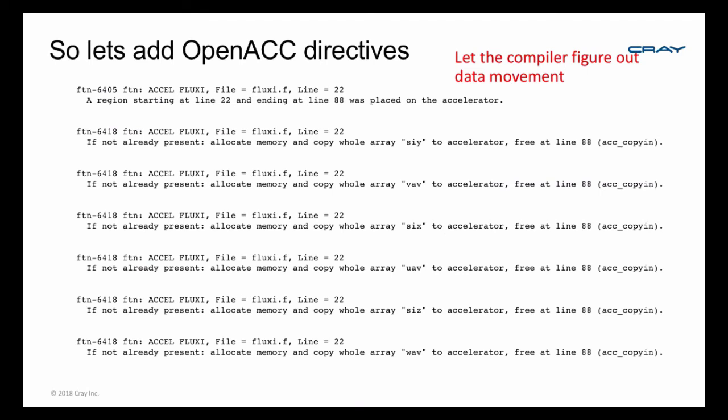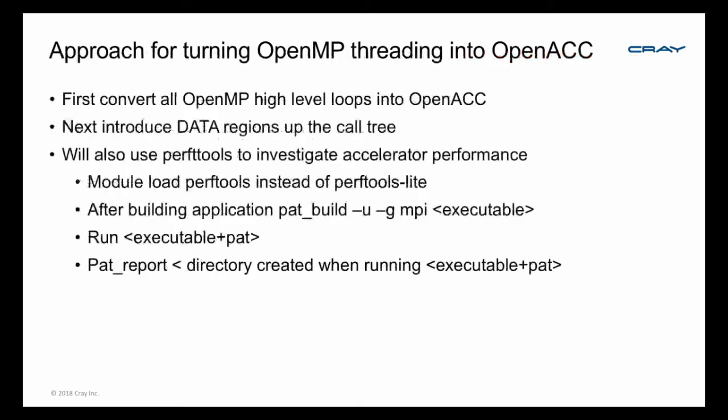So what we then do is, we turn all of our OpenMP high-level loops into OpenACC. Now we look at the data that is being moved over and moved back, and we want to identify a place in the call tree where we can move that data to the accelerator. All right?